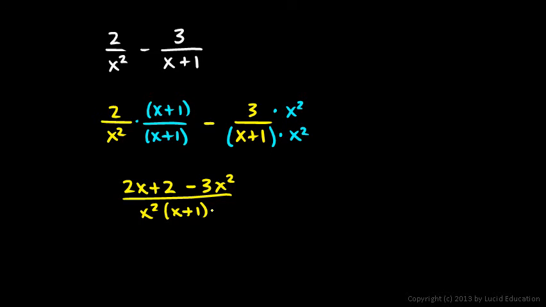And we're basically done, except I don't like the way this numerator is written right there. It would be pretty standard practice to write a polynomial with the higher power terms first. So I'll write minus 3x squared plus 2x plus 2 all over x squared times x plus 1.